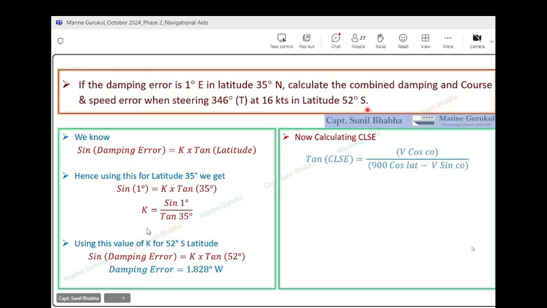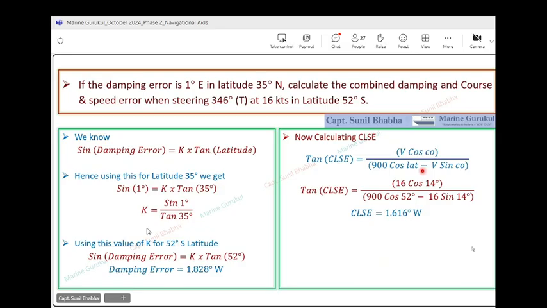Now in the second part, we obtain the CLSE, course latitude speed error or steaming error. The formula for CLSE is: tangent of CLSE is equal to V cos course divided by 900 cos latitude plus or minus V sine course. Plus sign is used whenever we are on an easterly course, a course having an easterly component, either in the northeasterly quadrant or the southeasterly quadrant.